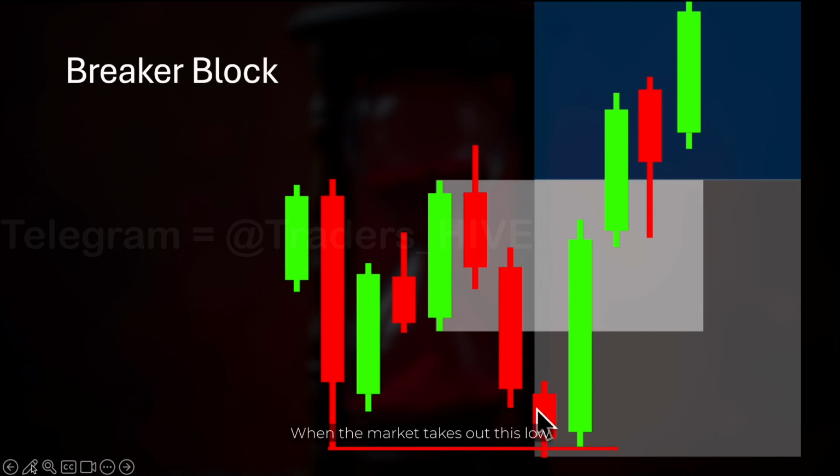When the market takes out this low and we see it then displace above this old high, which set up that final expansion lower, the last upclose candle right here becomes our bullish breaker. When the market retraces into that upclose candle, that right there is our potential buying opportunity. Our stop loss gets placed below the smart money reversal right here, and that's the safest stop which there is.